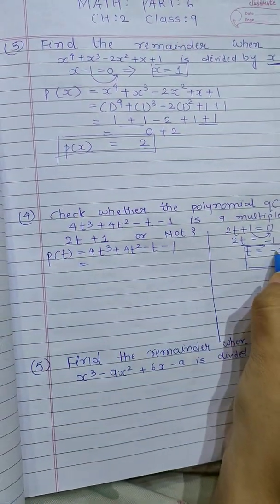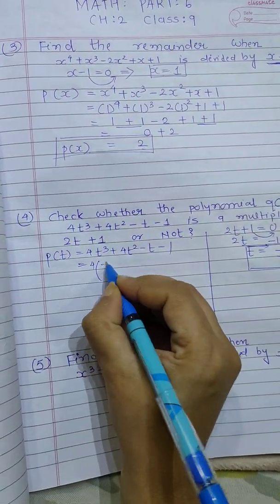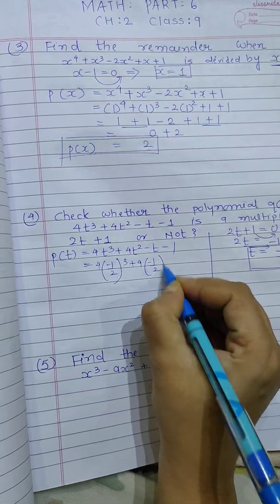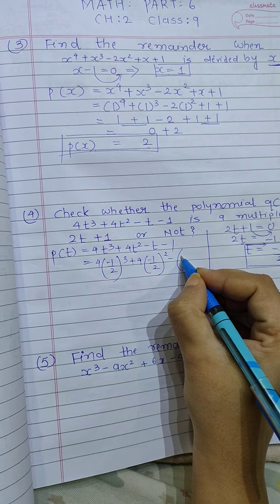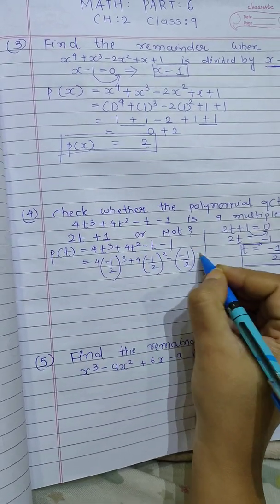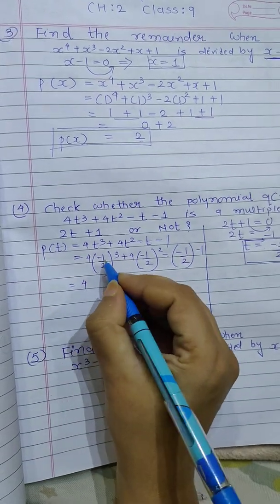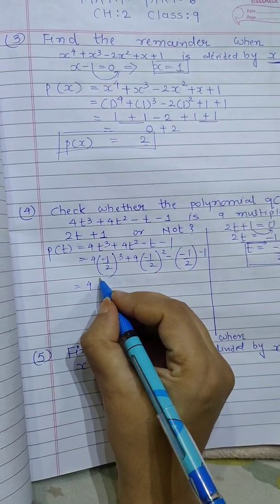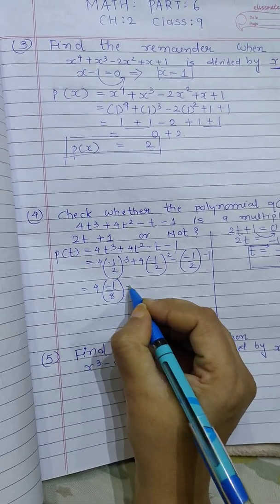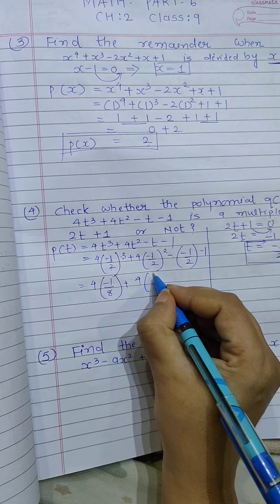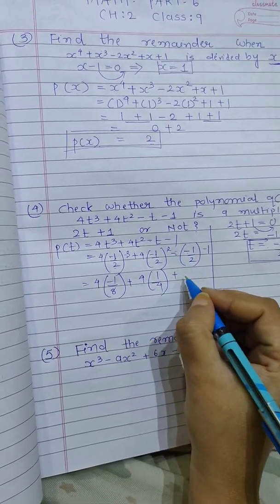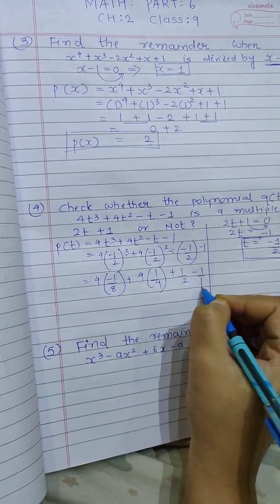So t's value we have to keep as minus 1 upon 2 cube, plus 4 into minus 1 upon 2 square, minus, here the sign is minus and t is also minus, and minus 1. Now 4 into minus 1 cube is minus 1 and 2 cube is 8. 4 into minus 1 square is 1, 2 square is 4, minus minus plus 1 by 2, minus 1.